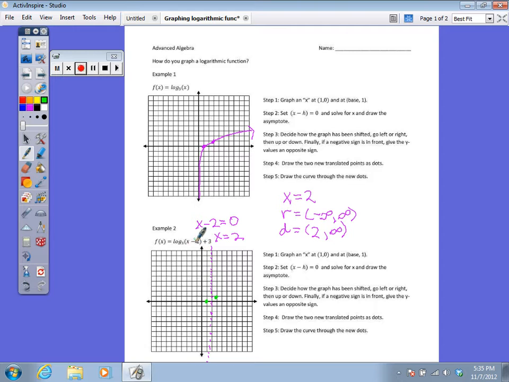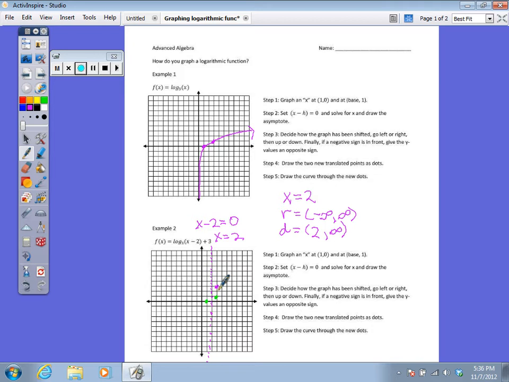So when we have minus h here and plus k here, our h value is 2. That means we go 2 units to the right. And then our k value is 3, and we go 3 units up. I'm going to change colors here. So I'm just going to take this anchor point and move it 2 units to the right, 1, 2, and I'm going to go 3 units up, 1, 2, 3.